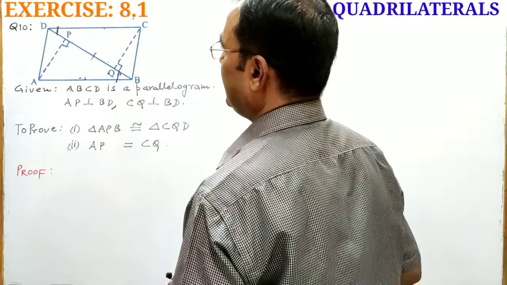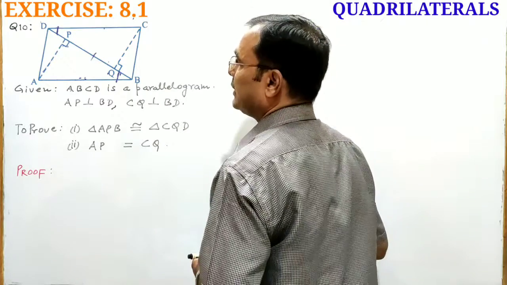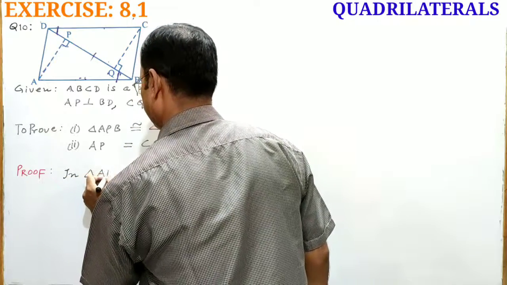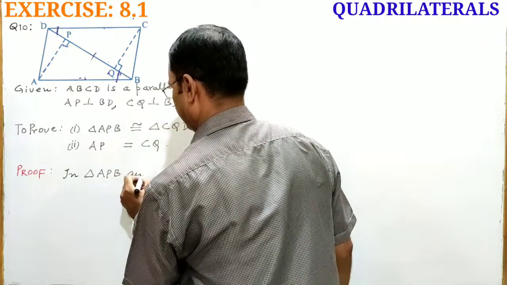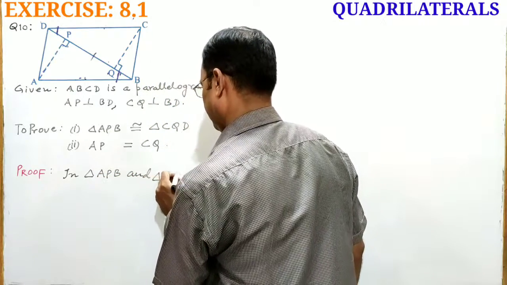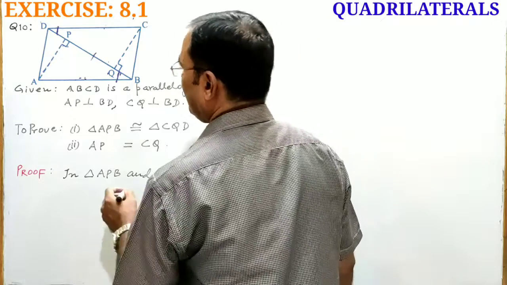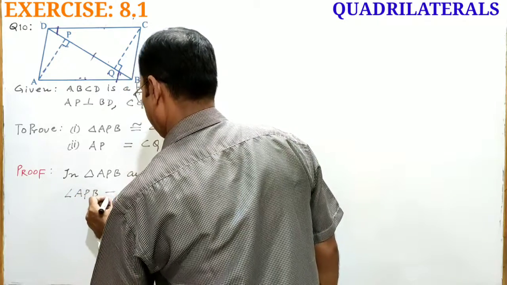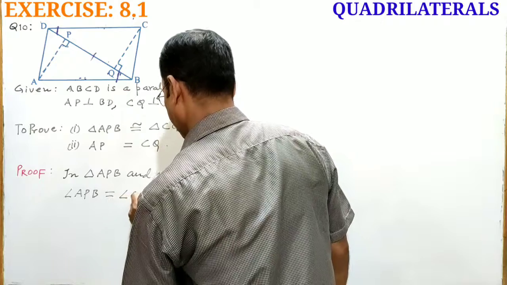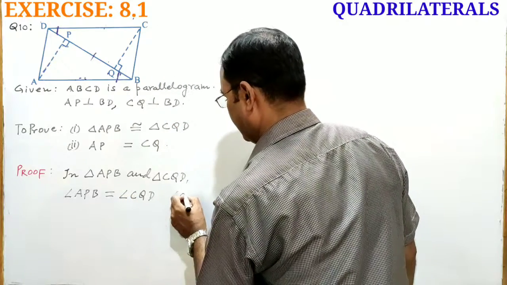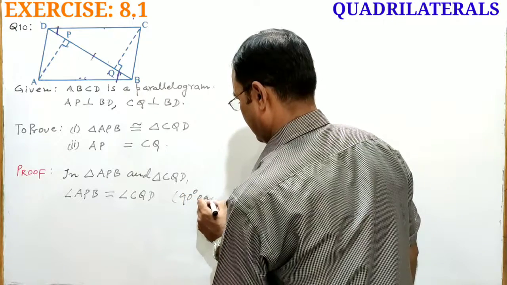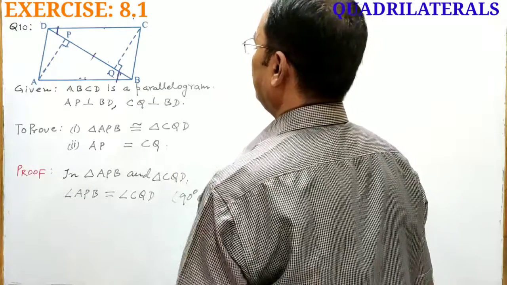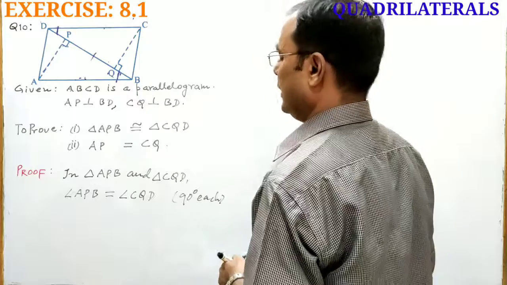In triangle APB and triangle CQD, angle APB is equal to angle CQD, 90 degree each, because AP is perpendicular to BD and CQ is also perpendicular to the diagonal BD.